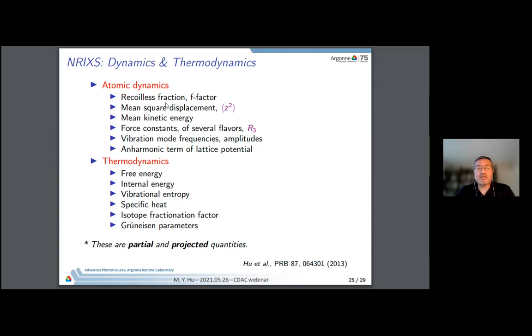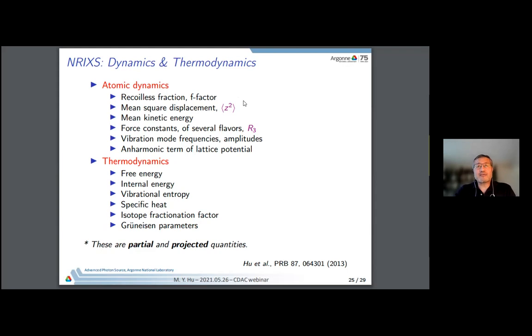In the old times, from the conventional Mössbauer spectrum you could derive this f factor, but that is based on a strong assumption. But these nuclear resonance inelastic measurements give you an exact number, so it's a good measurement. So sometimes we even use that just to get an f factor.